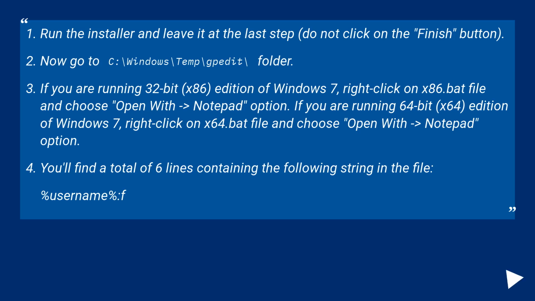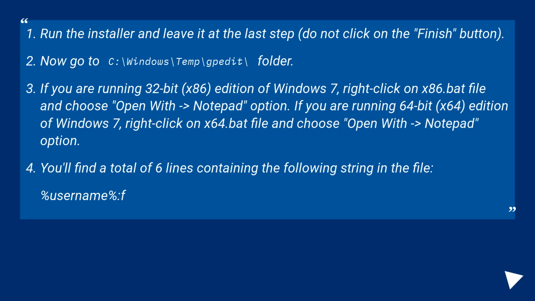Run the installer and leave it at the last step, do not click on the Finish button. Now go to the C:\Windows\Temp\gpedit folder. If you are running the 32-bit, x86 edition of Windows 7, right-click on the x86.bat file and choose the Open with, Notepad option.